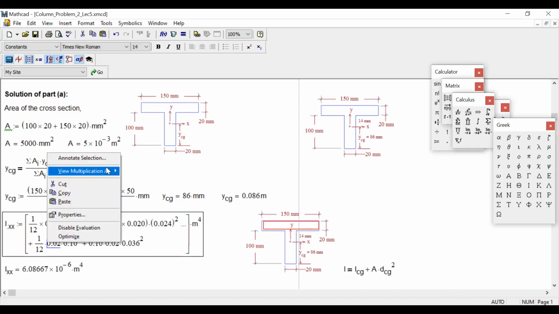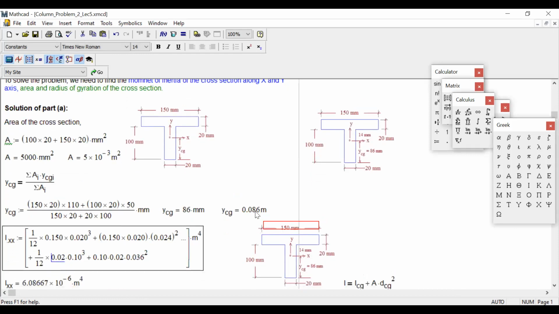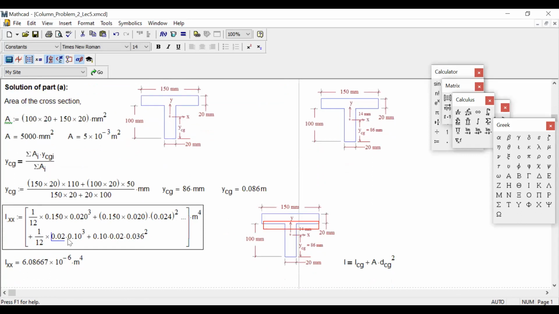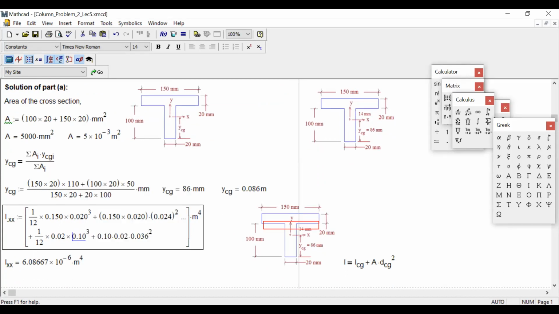I forgot to bring the cross sign. So right here we can bring the cross sign instead of dot. So 1 by 12 BH cube.